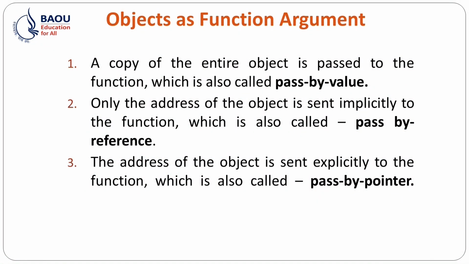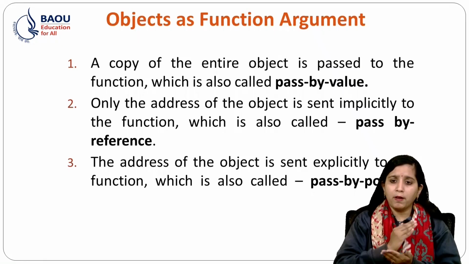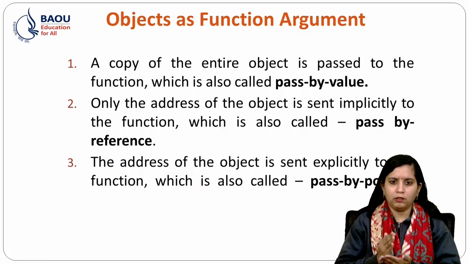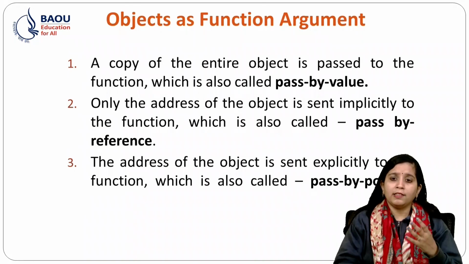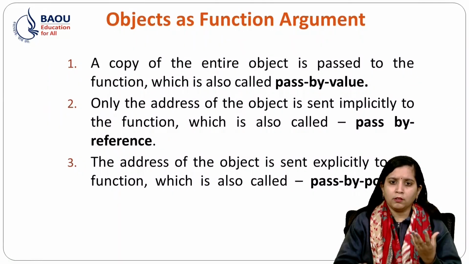So I hope now you get the idea of how we pass our object as pass by value, pass by reference and pass by pointer. So let's see one by one the example of each object as function argument.